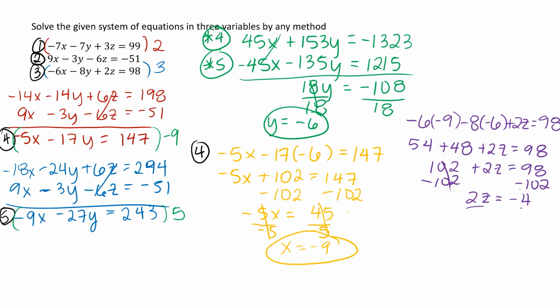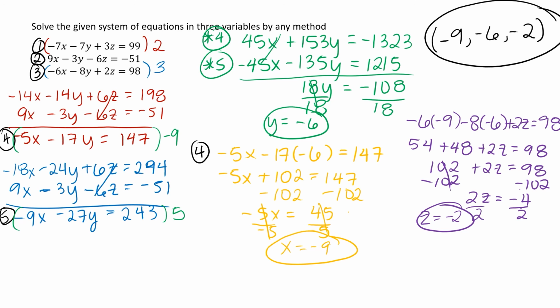Divide by 2, I get z equals negative 2. So my answer will be up here: negative 9, comma, negative 6, comma, negative 2. And that'll be the answer to this 3 system equation.